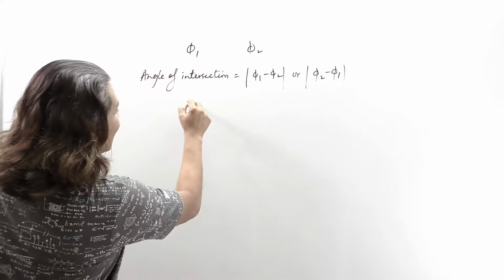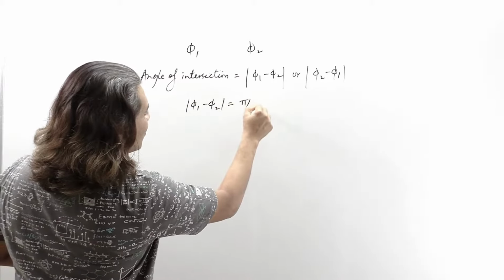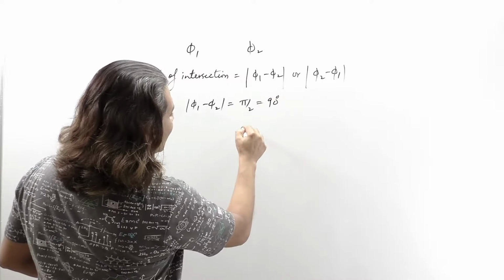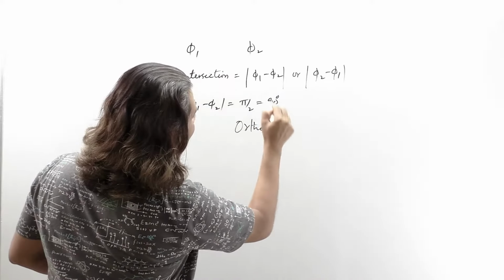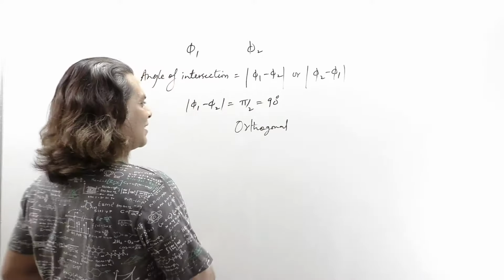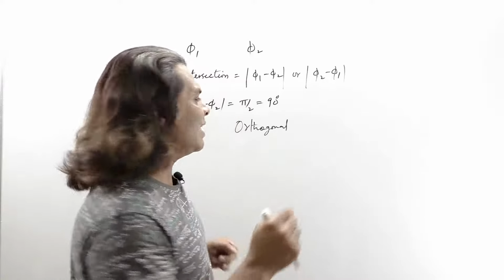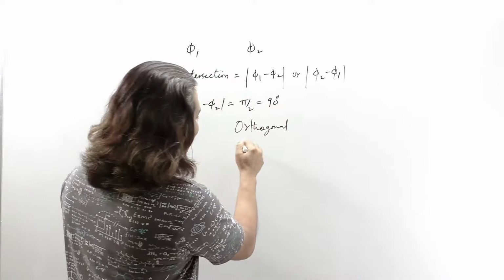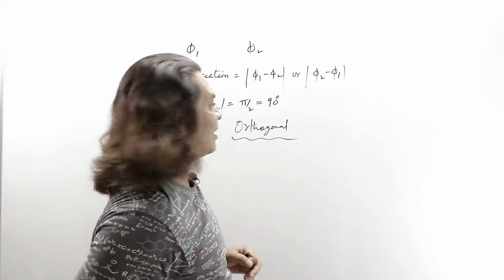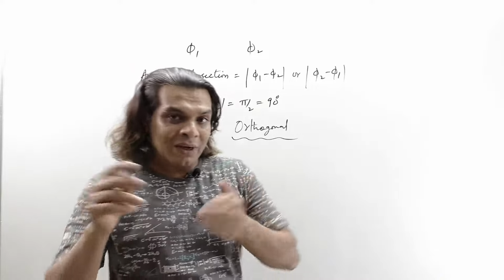Now if this angle, that is phi 1 minus phi 2, is equal to pi by 2 or 90 degrees, we call it orthogonal or perpendicular. So in the question, if they ask, show that the two curves intersect orthogonally, then we simply find phi 1 minus phi 2, and if the angle is 90, they intersect orthogonally. And one more condition is there, you might have learned in your 11th or 12th grade.